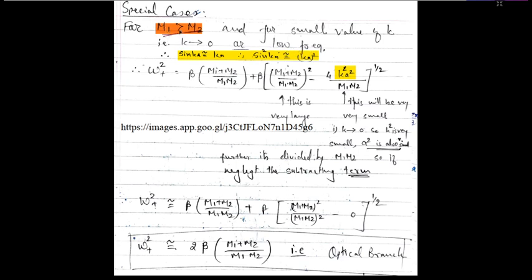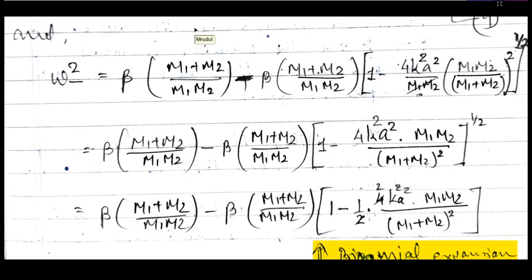This is for the case where one atom is heavier than the second atom; in the present case the odd atom is heavier than the even atom. The same scenario you can think of for the acoustic branch, where we are subtracting the frequencies.